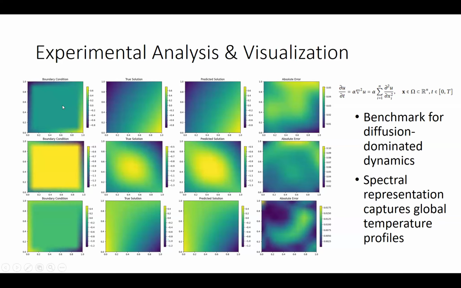Here, for the plots, the first one is the boundary condition, then the true numerical solution, then the predicted solution of the model, and the spatial distribution of the absolute error.